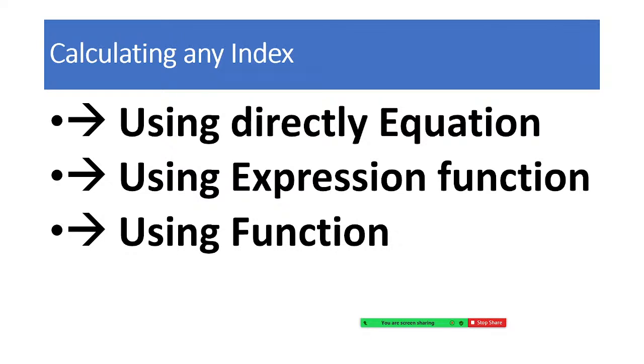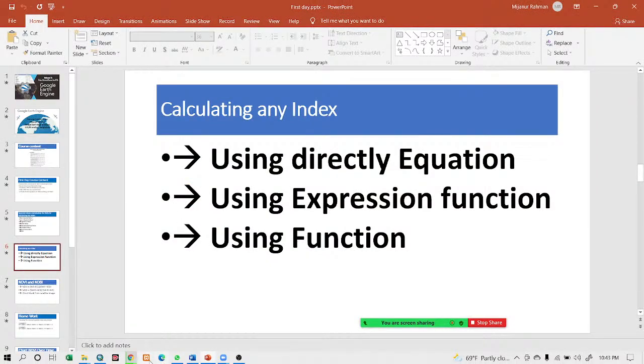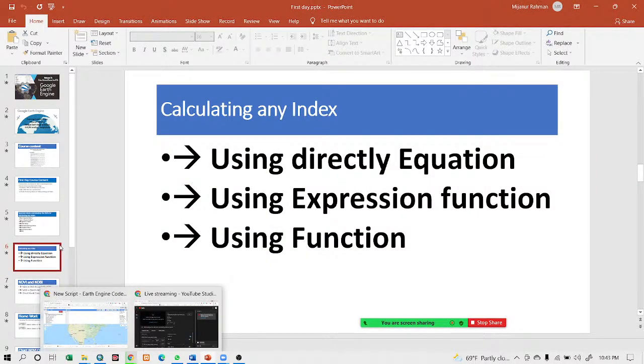So these are the three different ways we can calculate all of the indices. Now I will explain all of them one by one in the code editor so that you can easily understand. I simply open my code editor and practically show you that.